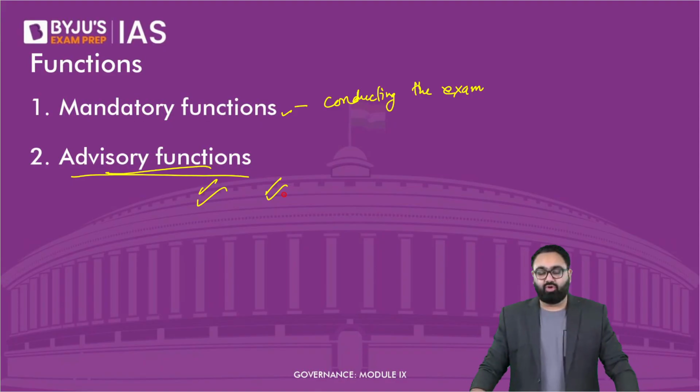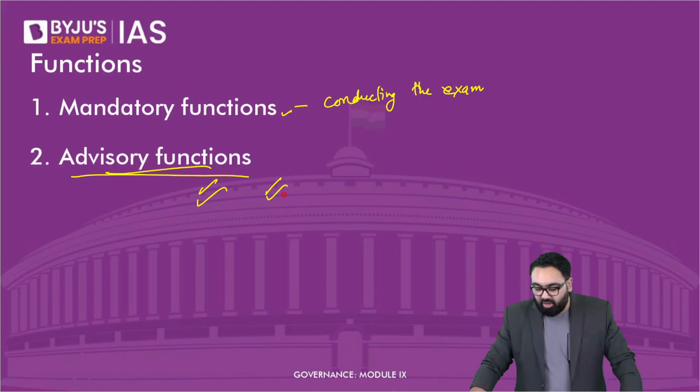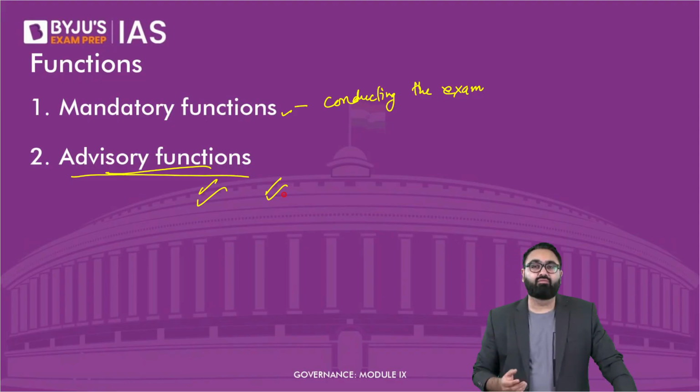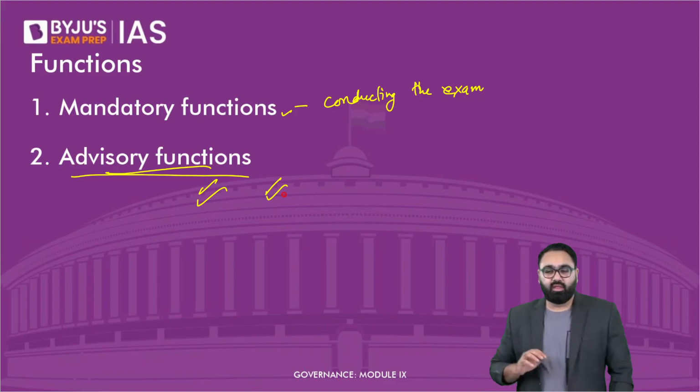I'll give you one more example of what UPSC does. Let's assume the government of India wants to take some action against you because you did something wrong in your service. In that case also, the government of India will ask for the advice of the UPSC.